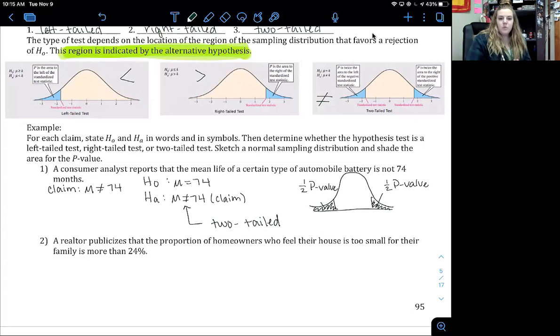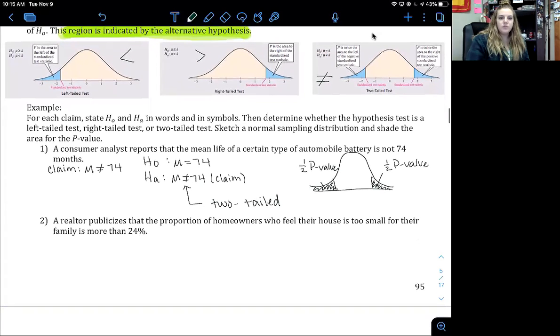Okay. Second one, a realtor publicizes that the proportion of homeowners who feel their house is too small for their family is more than 24%. So proportion means we're looking at p. So our claim is going to be p is more than 24%. So greater than 0.24.